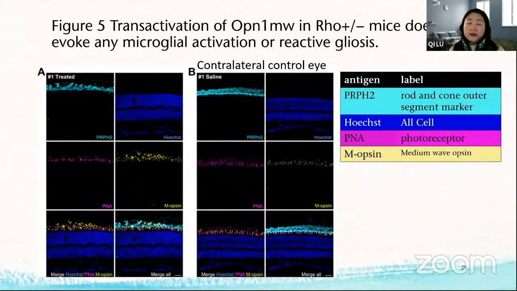The next step, they want to see if there is some kind of toxicity, immune response, or gliosis in this treatment.